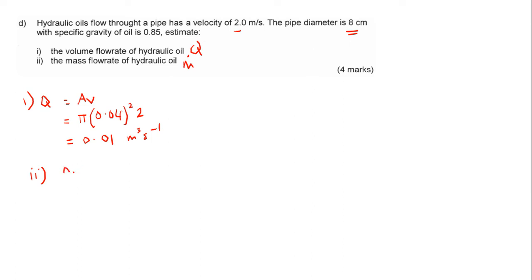The next one, mass flow rate. m dot equals rho Q. Good. So what is this number? The rho of this part, the oil: they gave you the SG, so 850 times Q, 0.01.